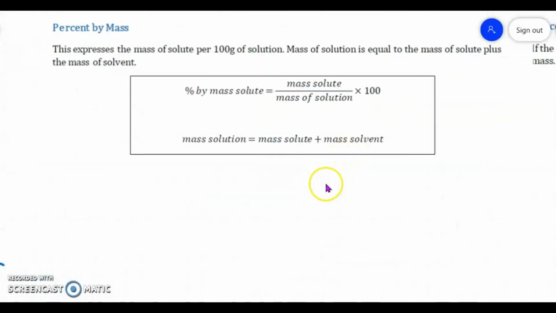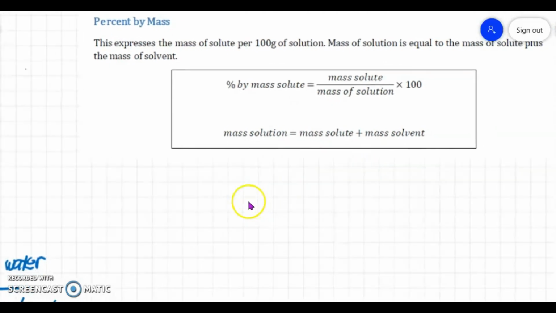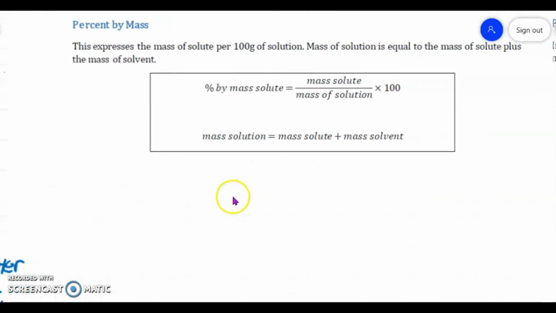Suppose that we have this formula: percent by mass of solute equals mass of solute over mass of solution times 100. The mass of solution, the denominator, is the mass of solute plus the mass of solvent.